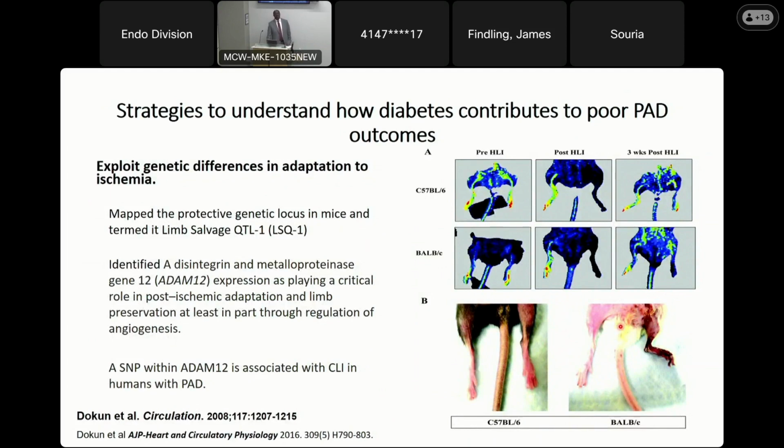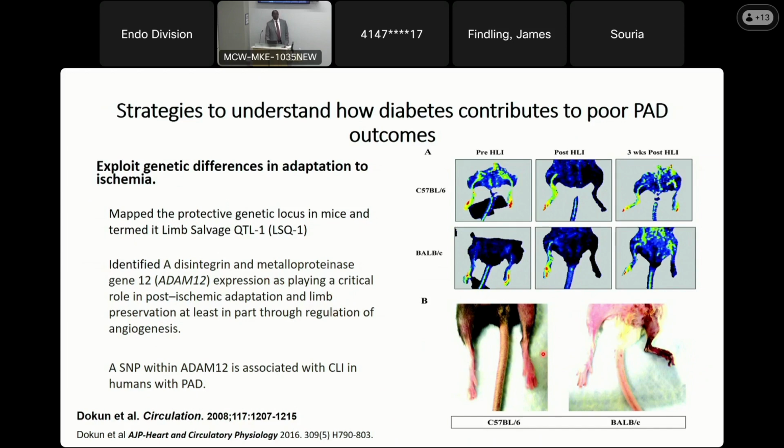However, the BALB/c mouse has poor perfusion recovery, as you can see here, and they have a tendency to develop limb necrosis. And often that limb would auto-amputate over time, reminiscent of what you see in some humans that show up with critical limb ischemia versus people who happen to adapt quite well on their own to vessel occlusion.